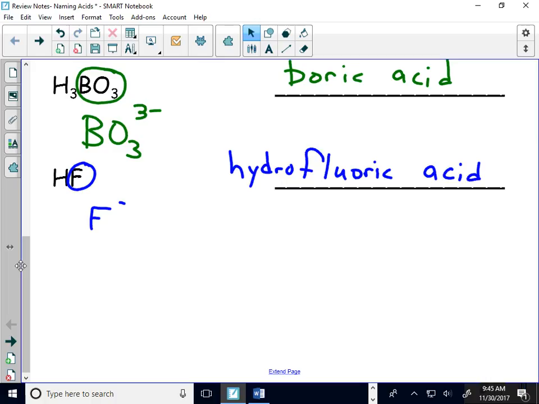So, these are pretty straightforward, ladies and gentlemen, if you memorize your acid rules. Okay? Now, once again, every single acid that you will ever see will begin with the letter H. Whether there's 1 of them, whether there's 2 of them, whether there's 3 of them.